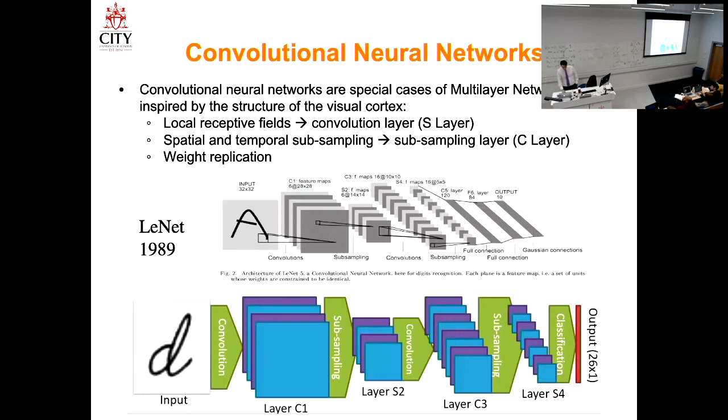So this is the basic architecture. You have the input image, you convolve it, you create the next layer. You subsample it, you create the next layer. You convolve it, you create the next layer. You subsample it, you create the next layer, and at the end of your model, you have a classifier. Some people are still using support vector machines as a classifier on top.